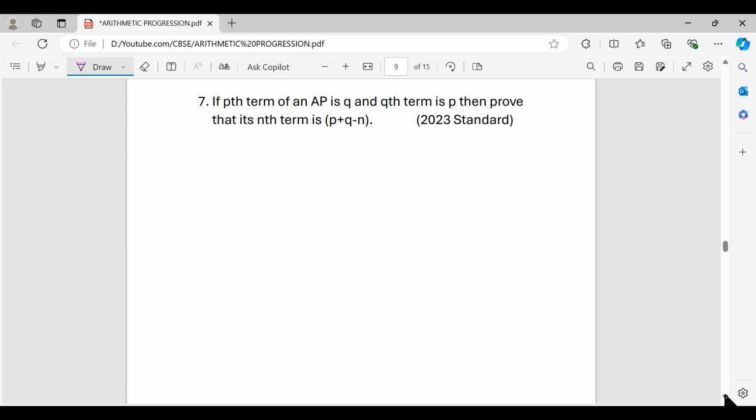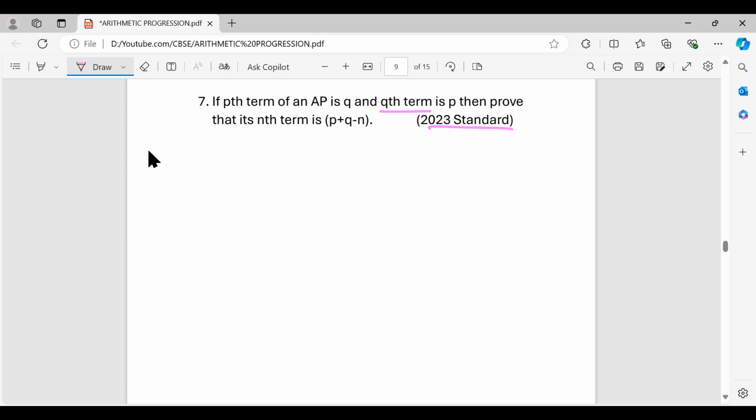Now, if the pth term of an AP is Q and the qth term is P, then prove that its nth term is P plus Q minus N, and this question has come in exam already. Now let's work on this.